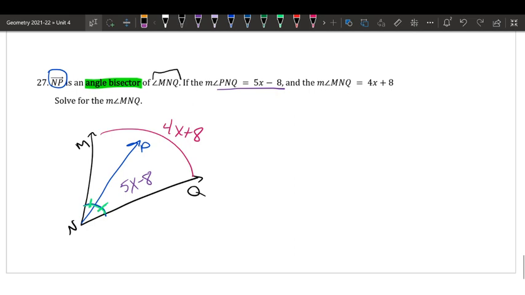Okay, so I have this piece and I have the whole thing, but I don't have this other piece on the left. What is the value of the piece on the left? The same as the one on the right, the 5x minus 8, because it's been bisected. It's an angle bisector. So this is also 5x minus 8.